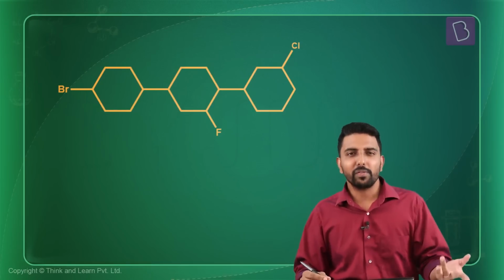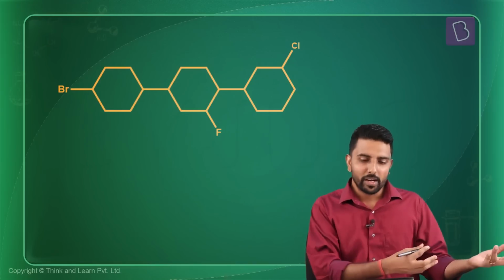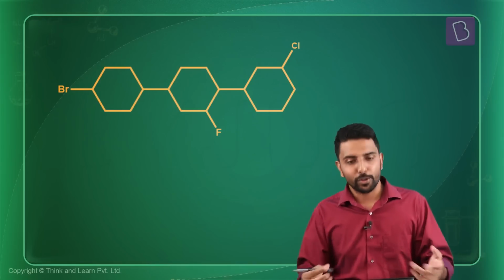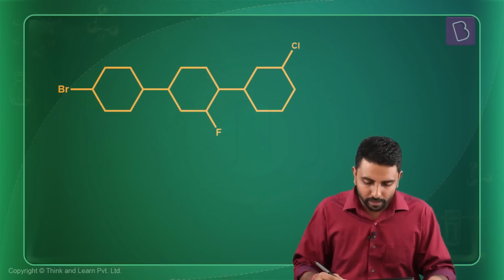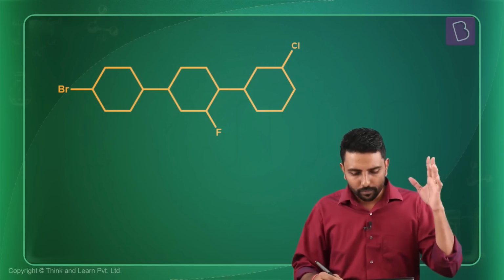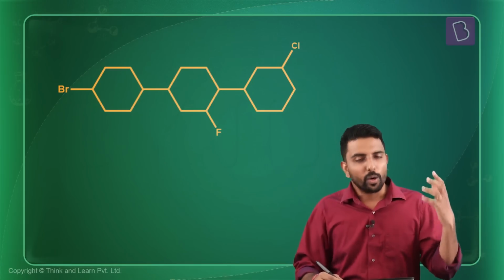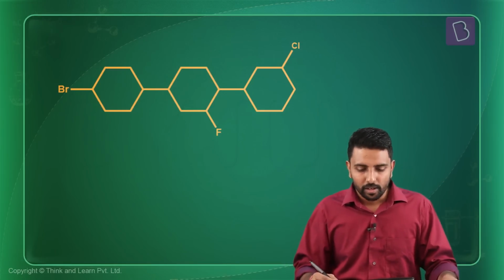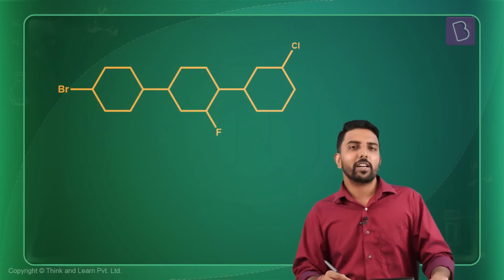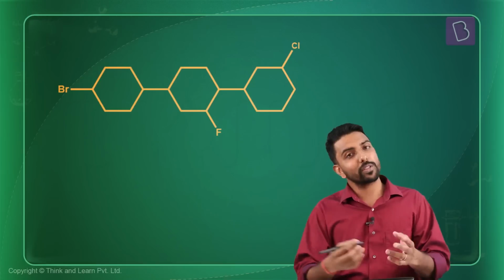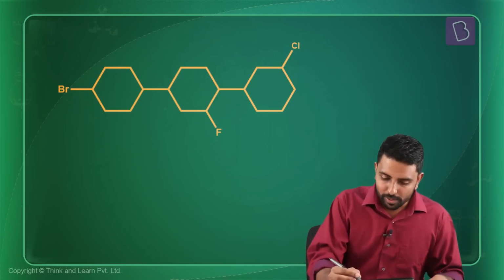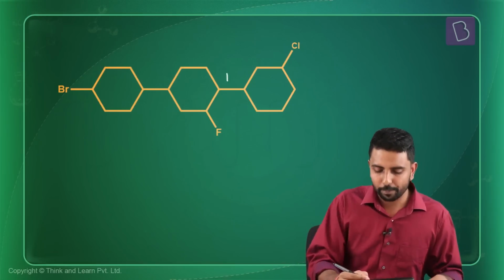One of these can get 1 and the other, of course, will get the number 2. Now, which is it going to be and why? To start with, we have the lowest set of locants possible when we give the number 1 to the carbon attached to the chlorocyclohexyl group. So this is going to be your carbon number 1.